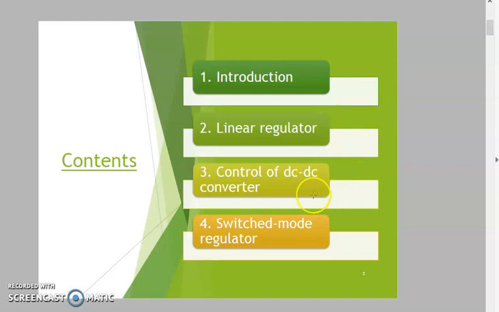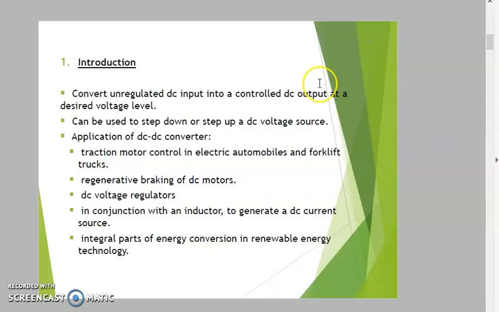So how the converter is controlled, and then we go to the recent development or approach of the DC-DC converter mode, which is the switch mode regulator concept.